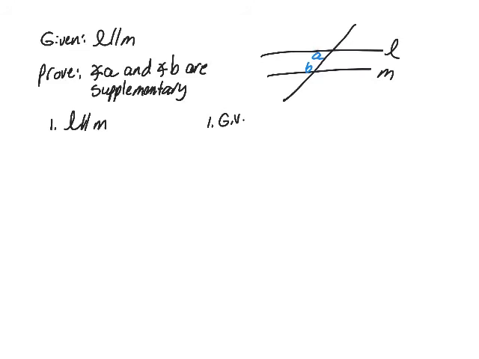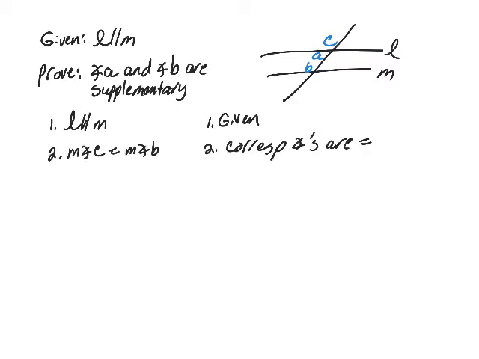That's our given. And then again, we can start with corresponding angles. If I put an angle C up here, I know that C and B are going to be equal to each other. So I can write that down. So the measure of angle C is equal to the measure of angle B. Corresponding angles are equal.